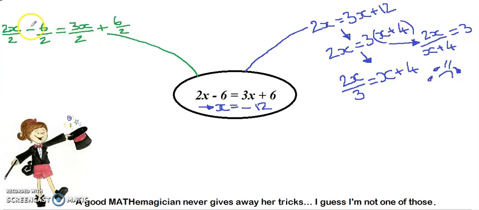Now the reason I can do that is because I've done it the whole way along the equation. So I haven't actually changed the value of x during that. Here's the value of x, it will still be negative 12. I've just put it all over 2. So let's simplify that so that it becomes x minus 3 is equal to 3x over 2 plus 3.